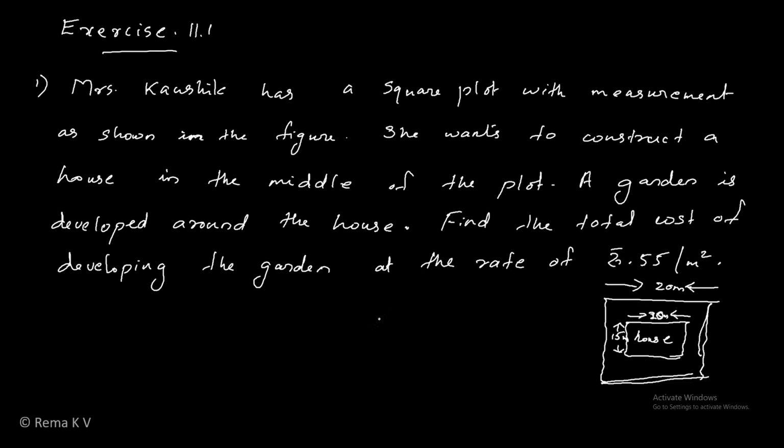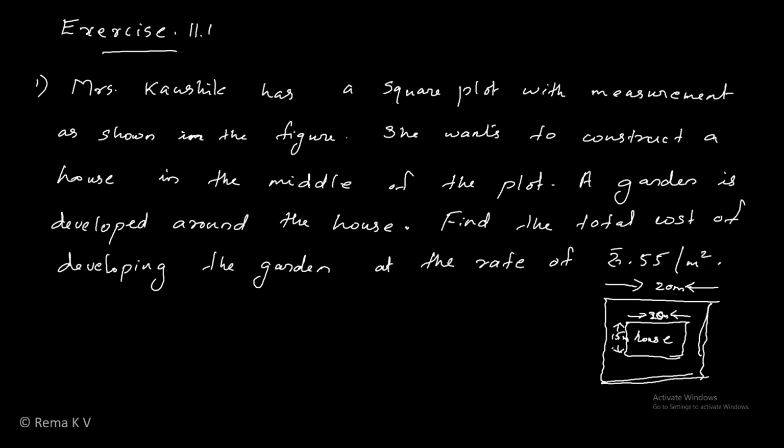Okay, you can note down the question. Mrs. Kaushik has a square plot. That means all the four sides are equal here, and it is of length 20 meter with measurement as shown in the figure. So it is noted here the square plot has a side 20 meter. She wants to construct a house in the middle of the plot, and the measurement of this plot is given as 20 by 15.